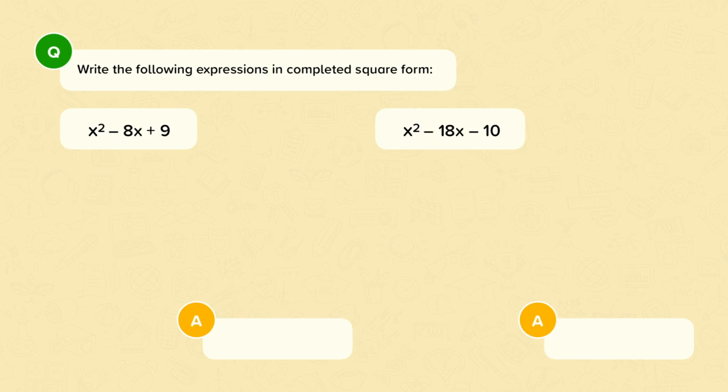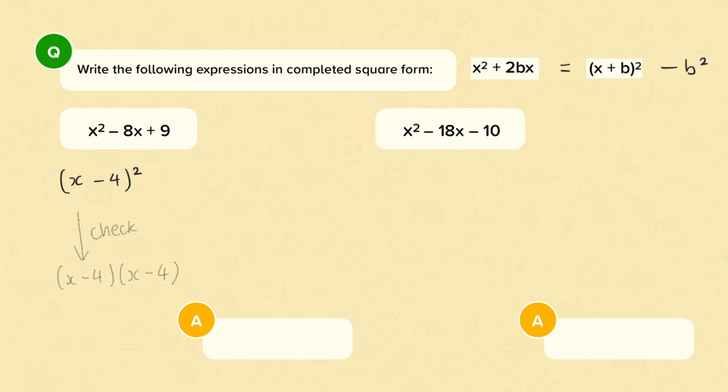Now in this example, we have a negative x term. So that means I will have x minus 4 in the first bracket, all squared. Let's just expand that again to see how it's different when the term is negative. So x minus 4 all squared is x squared minus 8x plus 16.